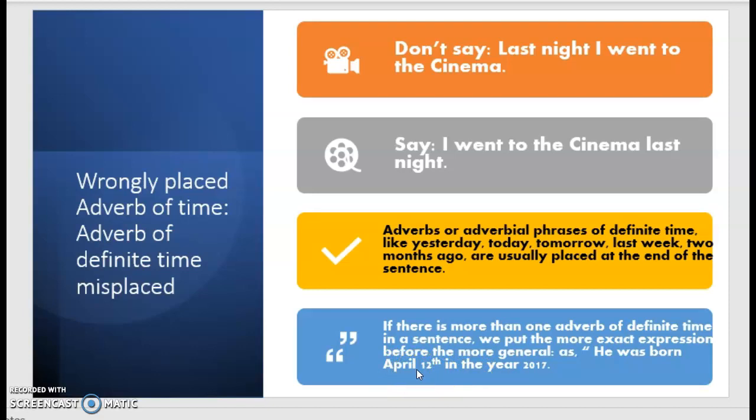Even though the year 2017 is exact, there must be a point in that year, and that is April 12th. Assuming you even have time, as in specifying the time on the 12th of April, you can say 3 p.m., April 12th, 2017. So the more exact, the closer.